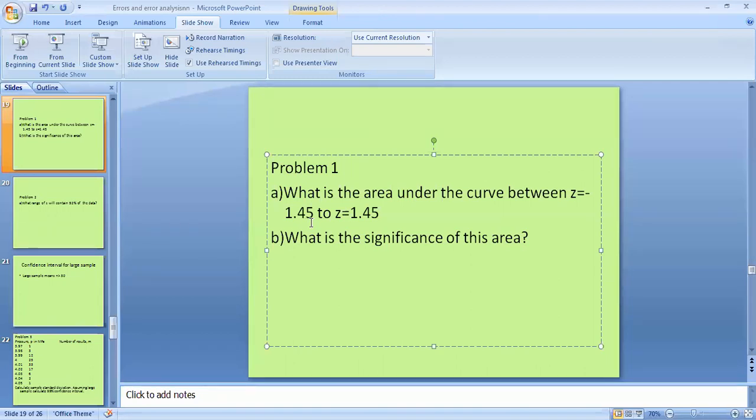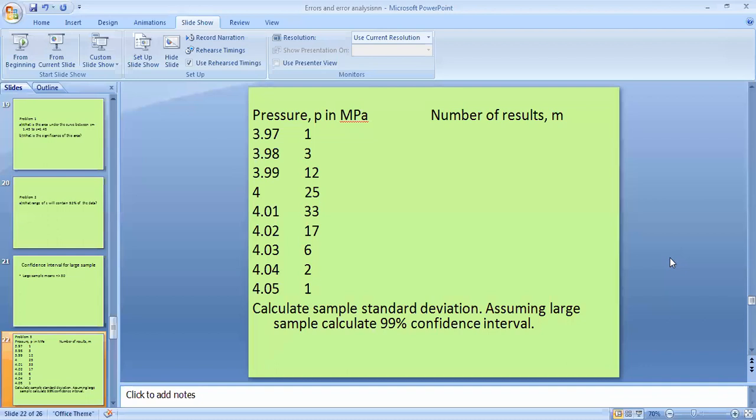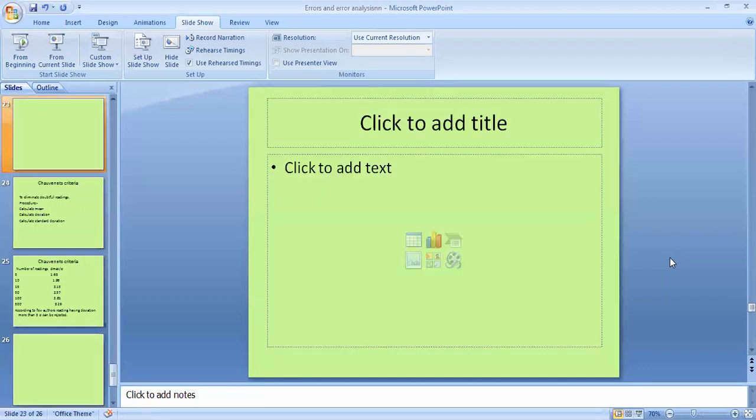When we find the area, it will come as a fraction. If you multiply by 100, that is the probability that the value will lie in that area. So you solve the problem. I will give the problems for the assignment. You solve them, and you'll get confidence.